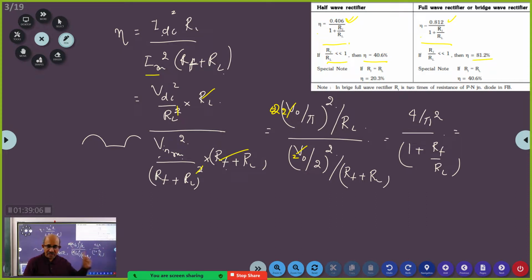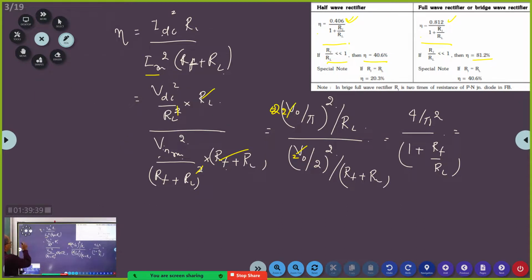Now, did you get these numbers correctly? The IRMS in full wave will change. The output waveform will be like this, so the current will flow from the input for both the cycles.